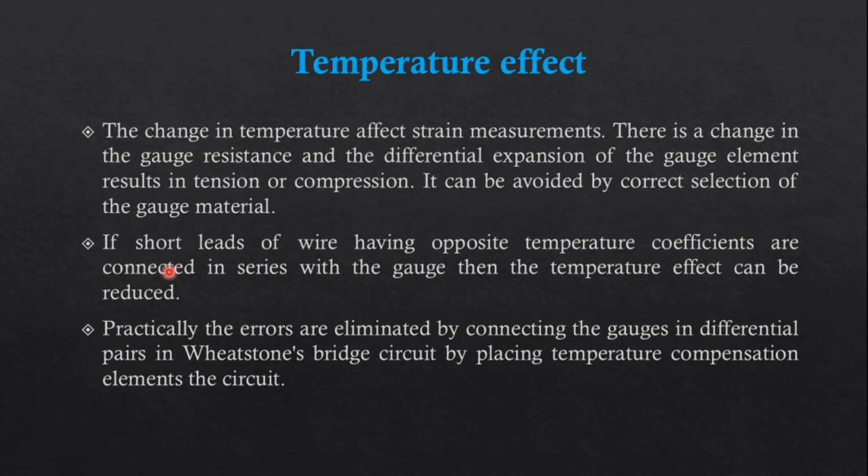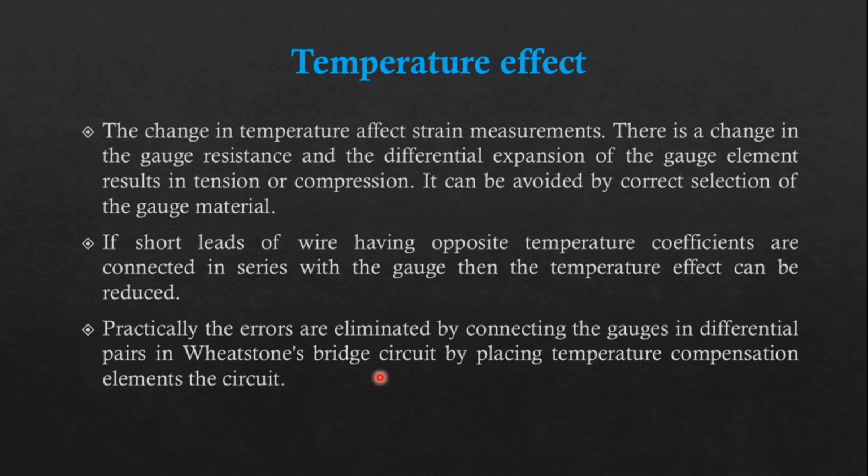measurement. If short leads of wire having opposite temperature coefficient are connected in series with the gauge, then the temperature effect can be reduced, because if our strain gauge material has a positive temperature coefficient, we can directly connect it with a negative temperature coefficient and we can eliminate both effects, right? Practically, the error is eliminated by connecting the gauge in differential pair in a Wheatstone bridge circuit by placing a temperature compensation element in the circuit.